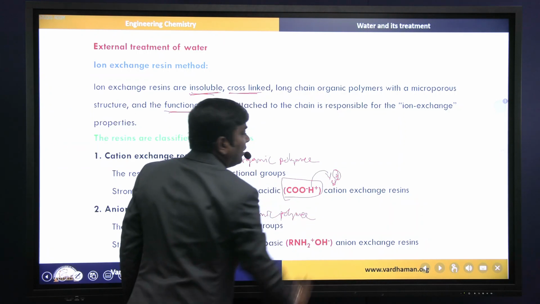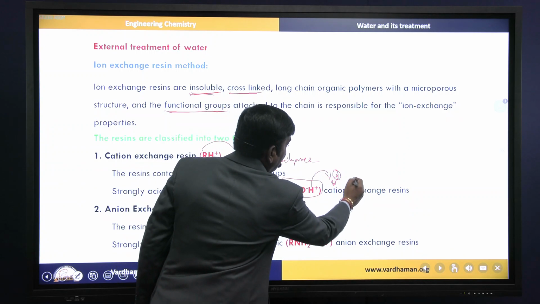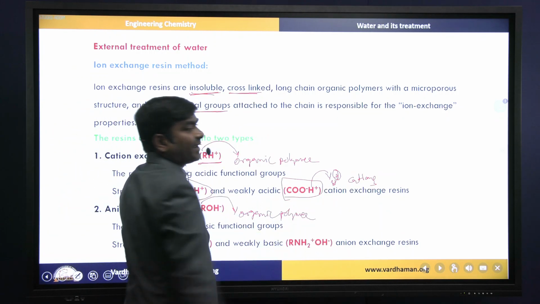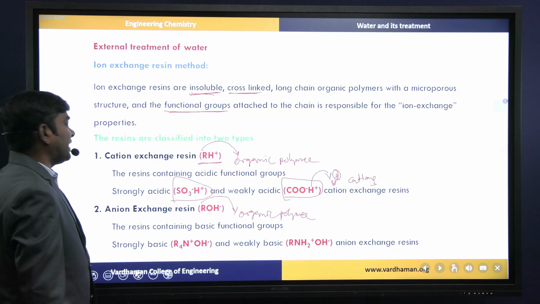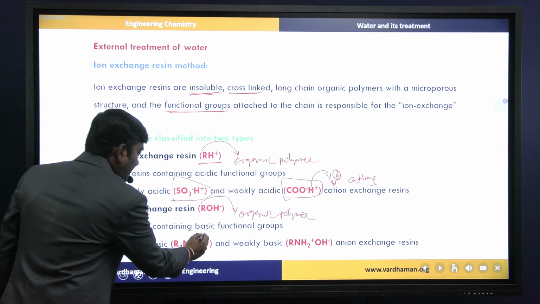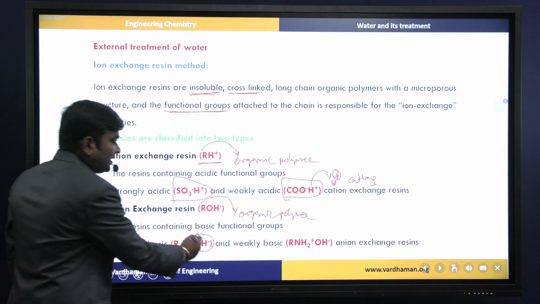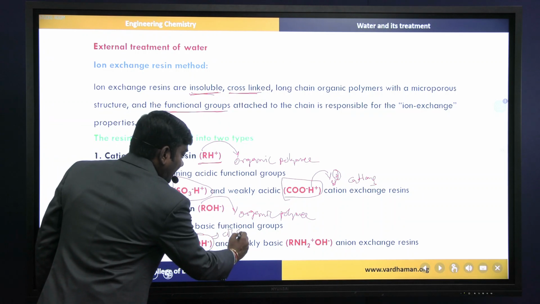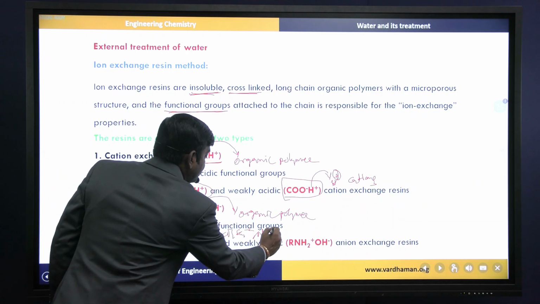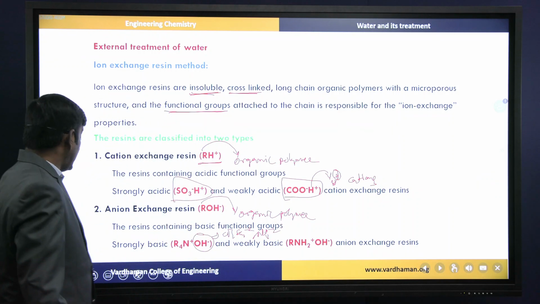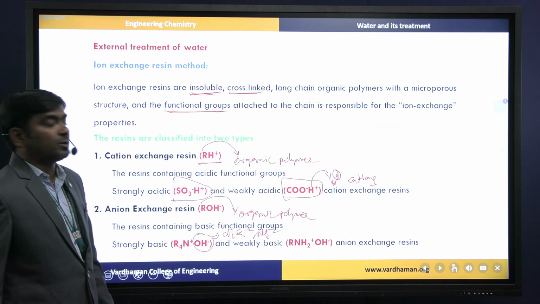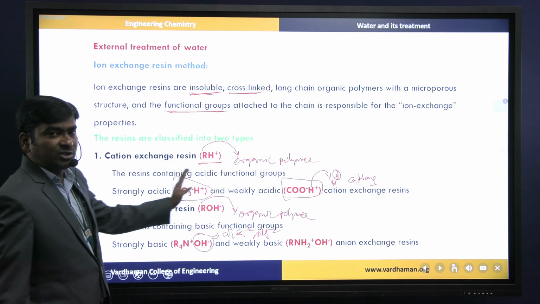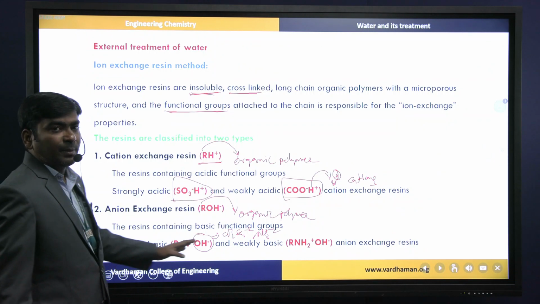This H plus will be replaced by cations, right. So exchange of H plus and cations takes place, and in the anion exchange resin method, OH minus is exchanged with chlorides or sulfates or nitrates, right. So two types of functional groups are available: in the cation exchange resin, acidic functional groups, and in the anion exchange resin, basic functional groups.